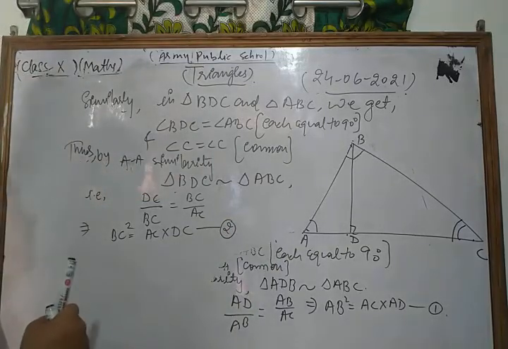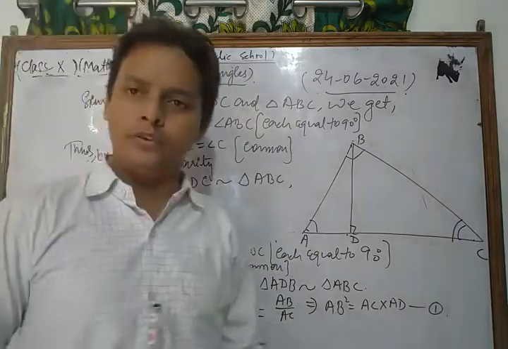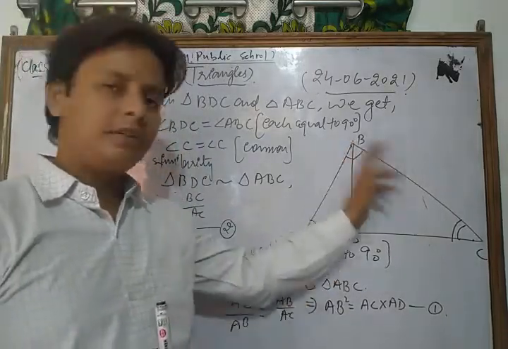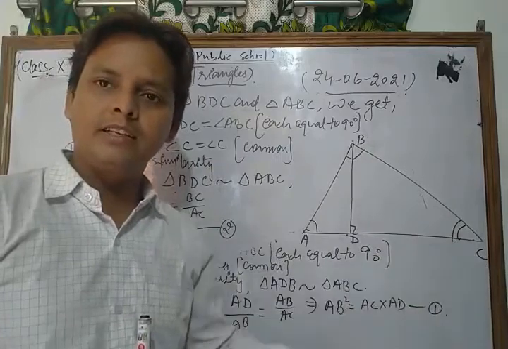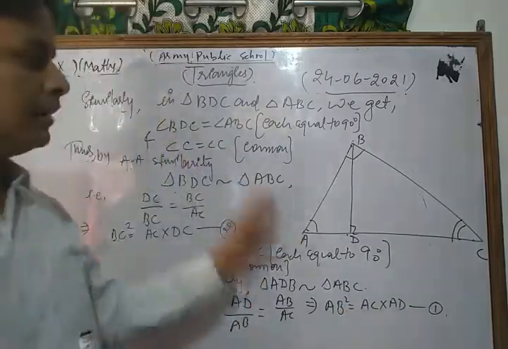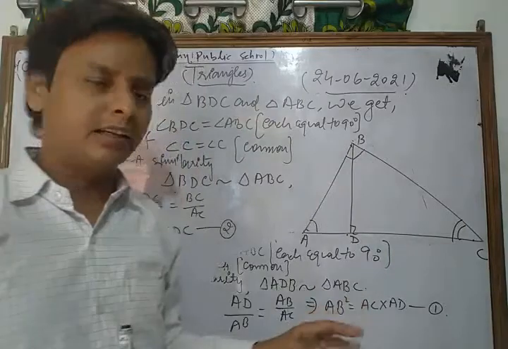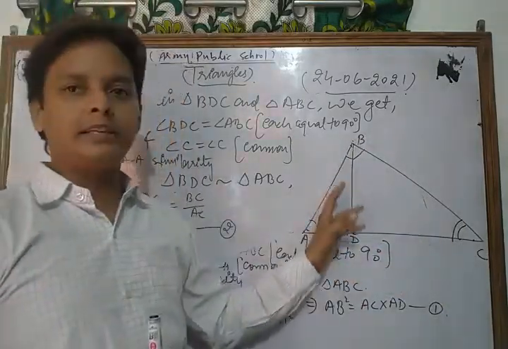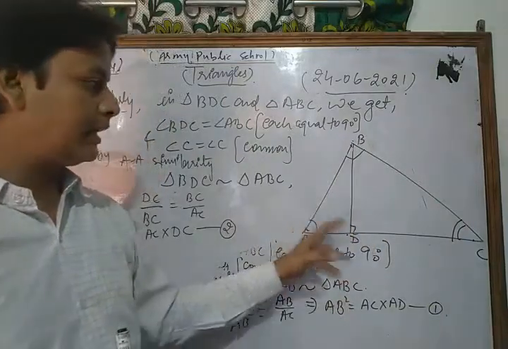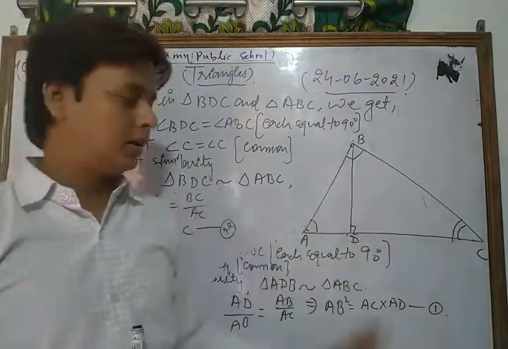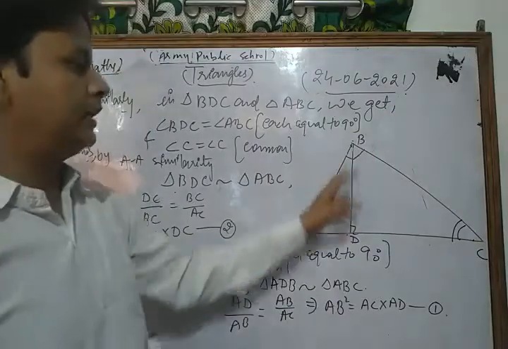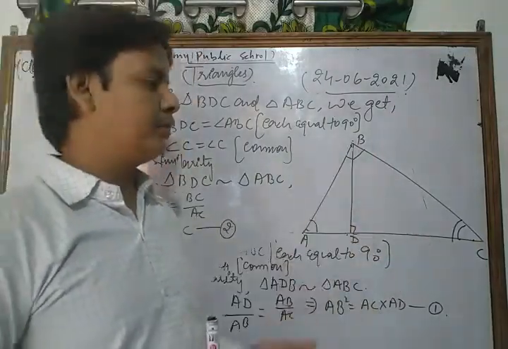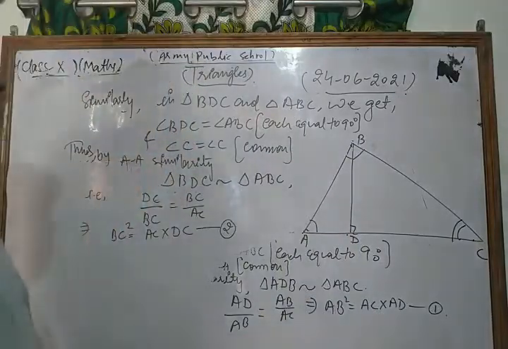So dear students, in this way, first of all we take triangle ADB and triangle ABC, and show that both are similar to each other. After that we take triangle BDC and triangle ABC, and again show that they are similar, applying the concept of similarity.